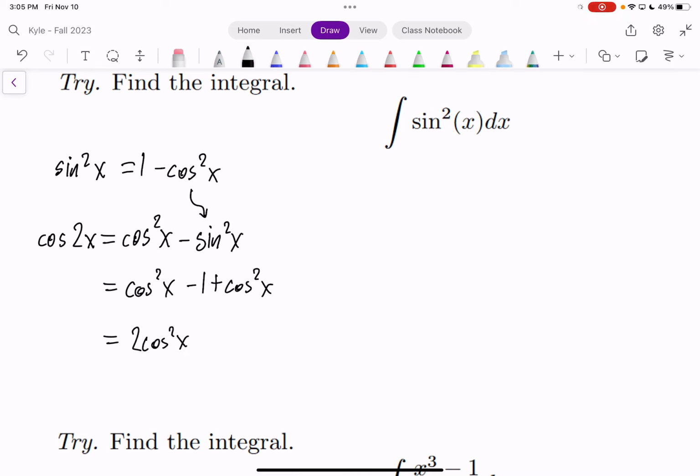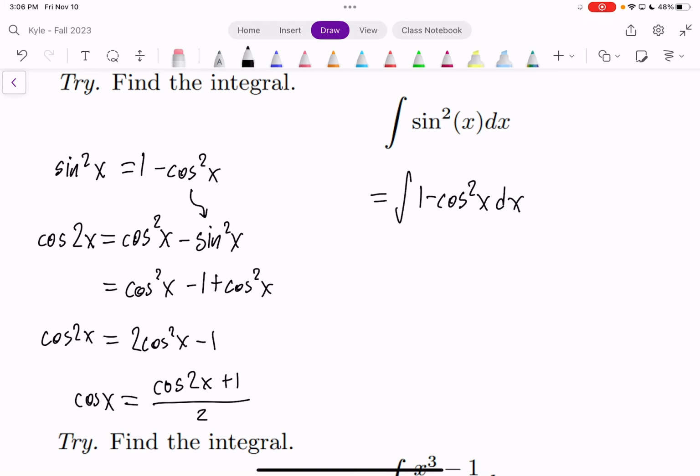So if we solve for cos squared x, that'll be (cos of 2x plus 1) divided by 2. I just moved it around to the other side. So this integral of sine squared x is the integral of 1 minus cos squared of x dx. Sorry, that should be cos squared of x down there.